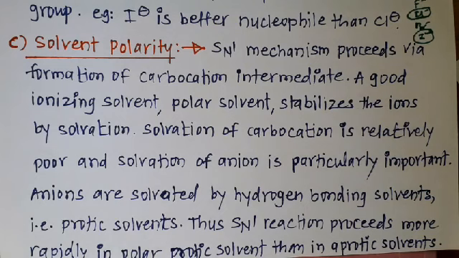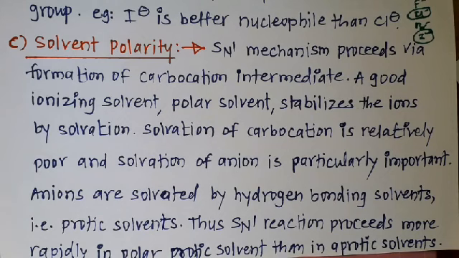Means in the SN1 reaction mechanism, first there is formation of a carbocation, a positively charged species, and during this a good ionizing solvent or polar solvent stabilizes these ions by the solvation process.